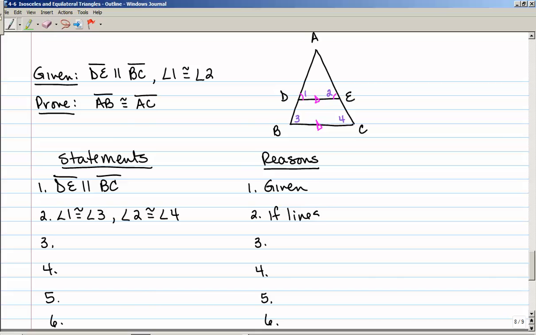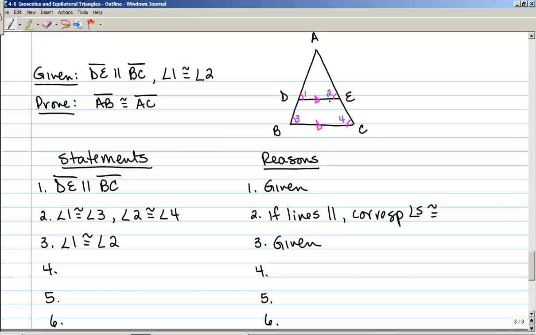So if lines are parallel, corresponding angles are congruent to each other. Okay. Then it told me, I'm going to use this next part of my given, that angle 1 is congruent to angle 2. That's given.